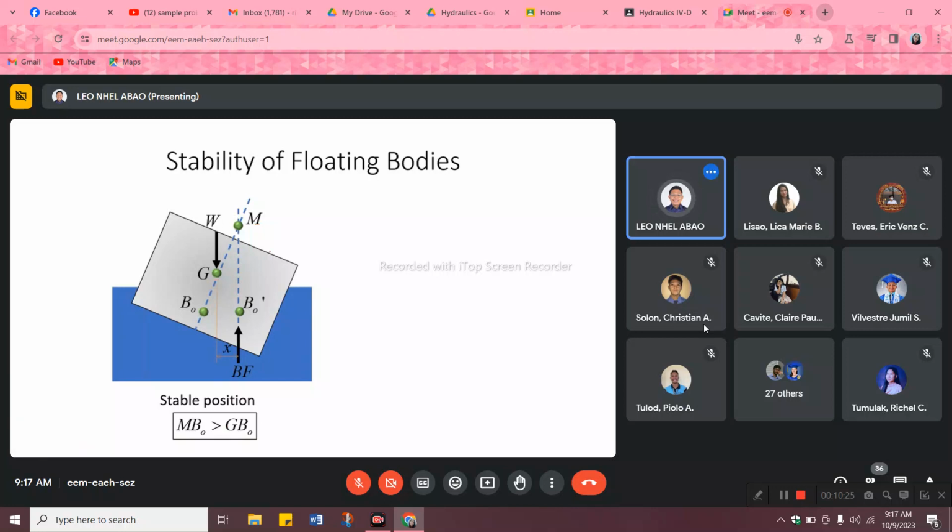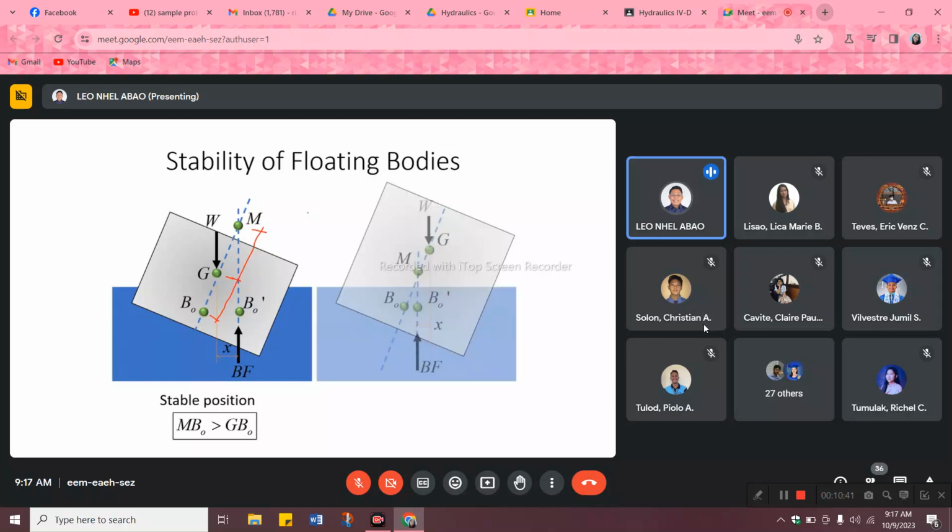MBO is greater than GBO. Of course, if it is greater, meaning M is higher than G, that is, the location.